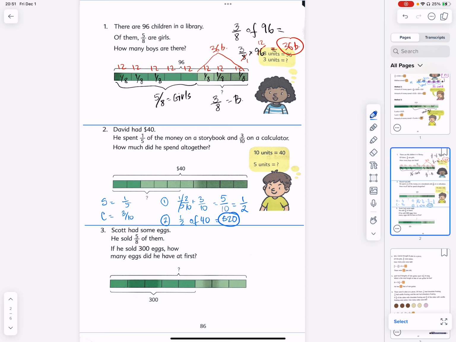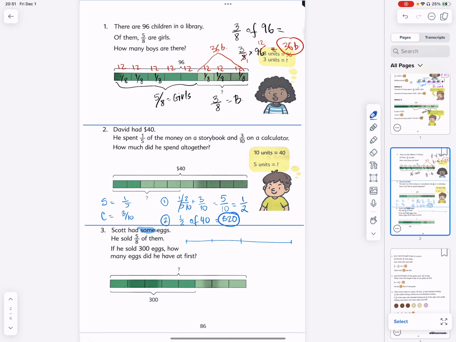Problem number 3, Scott had some eggs. Notice, my friends, they don't tell you how many eggs Scott had at first, but here's the information they give you. He sold 5 out of 8 equal parts. So he had some eggs, right? I'm going to make the bar model myself. We do not know how many, but he sold 5 out of 8.